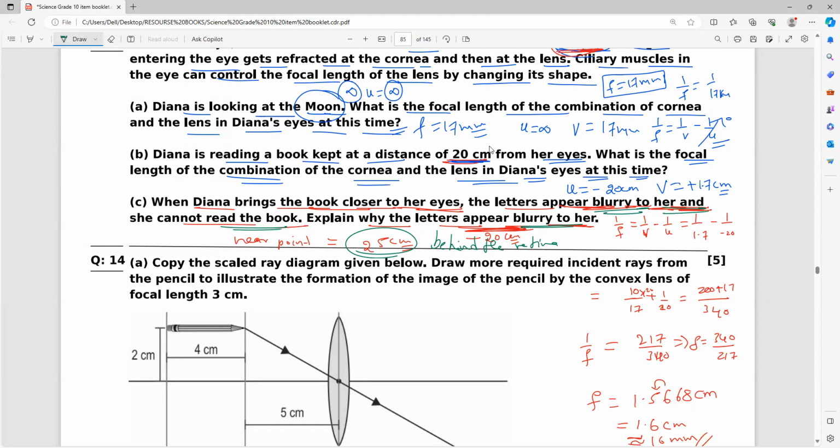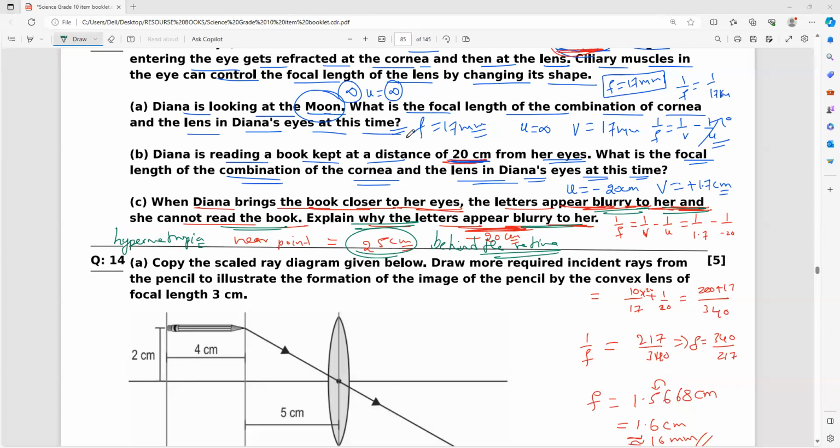So she is having a defect of vision. What is the defect? Hypermetropia. And the image will form where? Behind the retina. Understood, everyone?